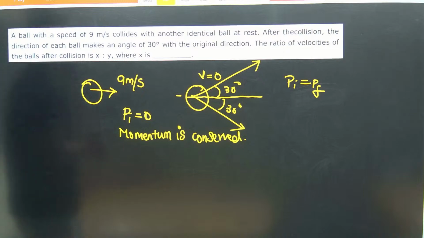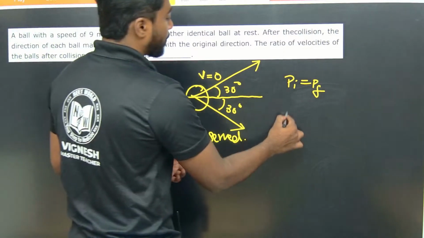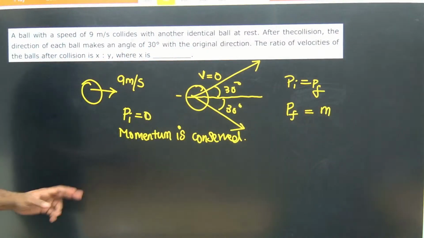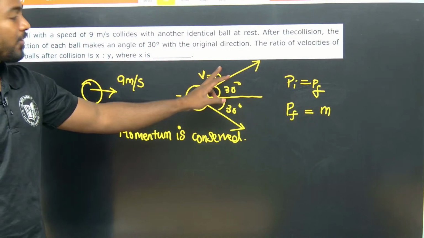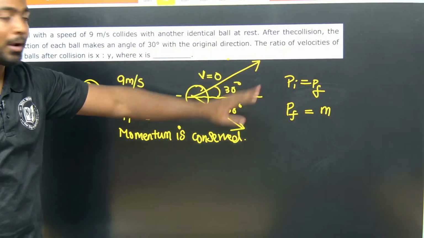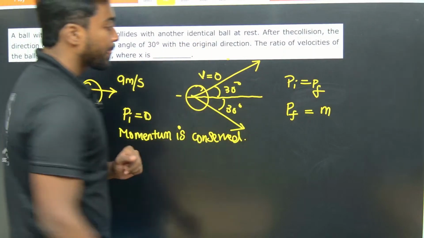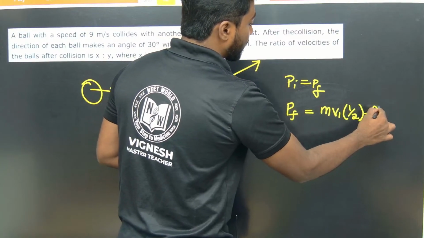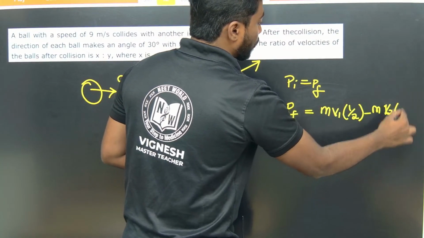So the final momentum will be equal, for the same identical ball. For ball 1, velocity v1, ball 2, velocity v2. So m into v1 by 2 minus m into v2 by 2.